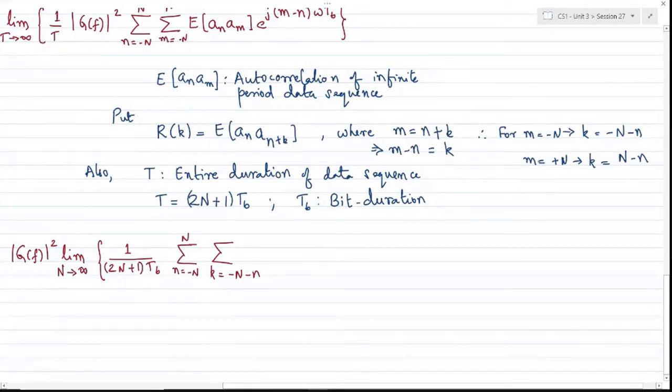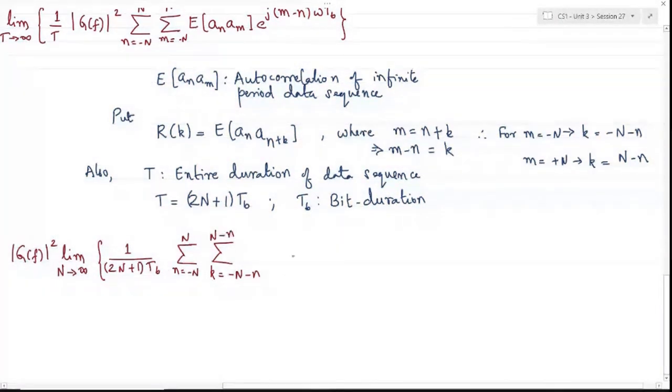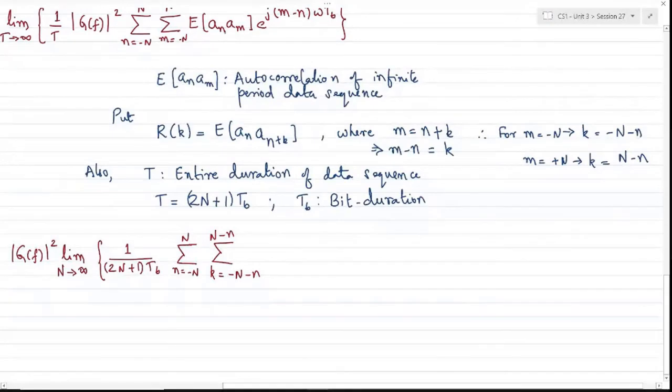This is nothing but the expectation of two random quantities which have a difference of timestamps of k.